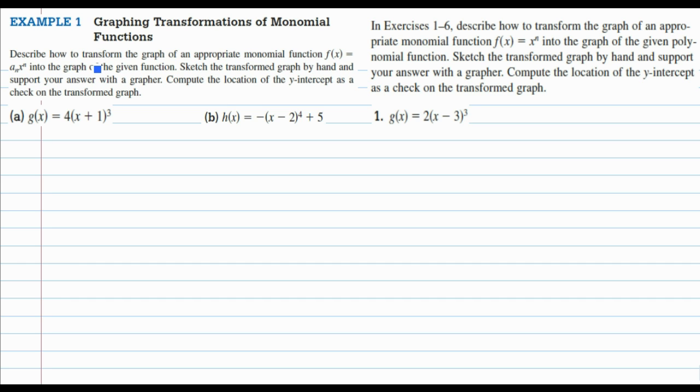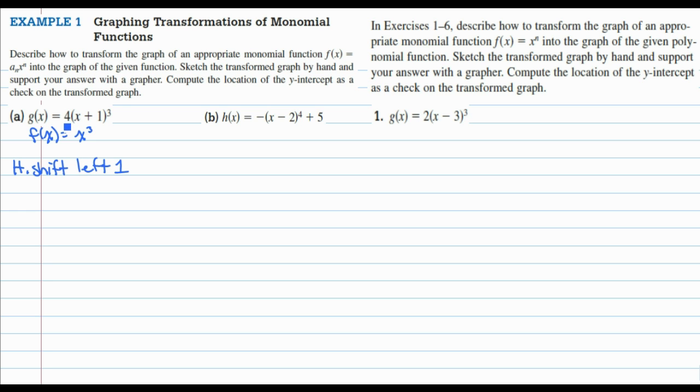Describe how to transform the graph of an appropriate monomial function f of x equals a sub n x to the n into the graph of the given function. So our basic function here, f of x, is going to be x cubed. That was one of our basic functions from section 1.3. To get to g of x, the first transformation was a horizontal shift left 1.